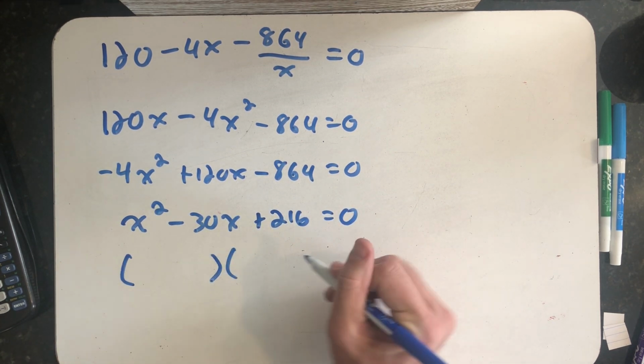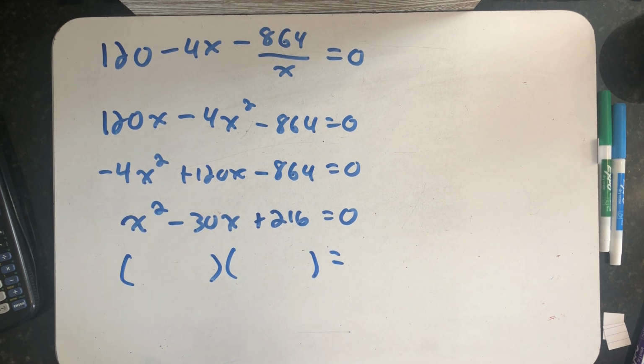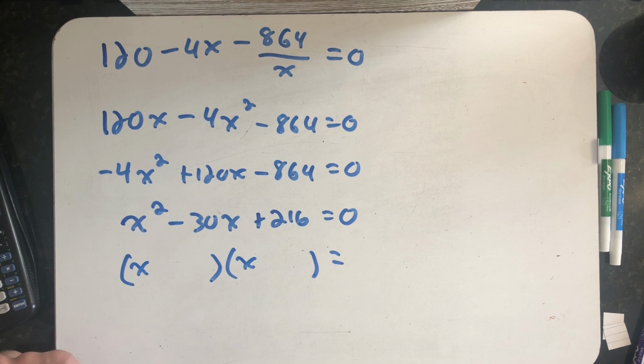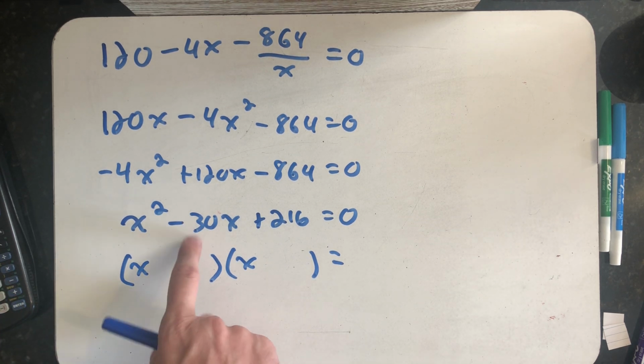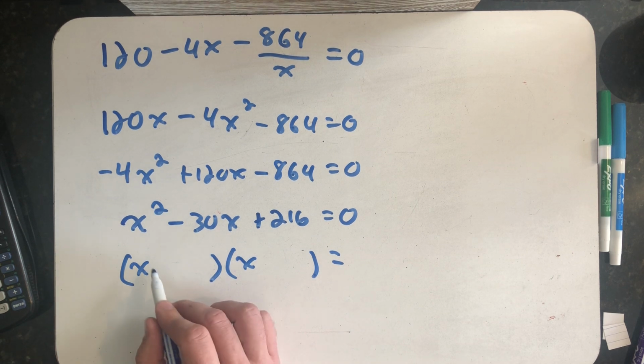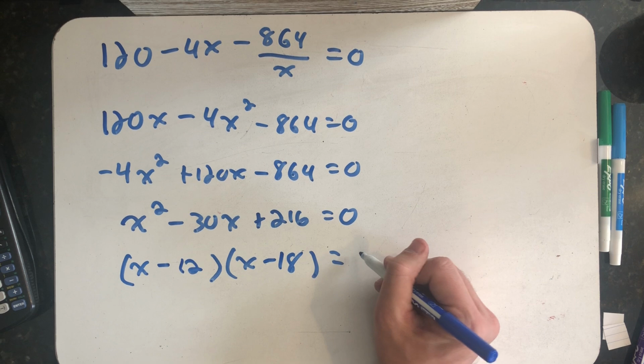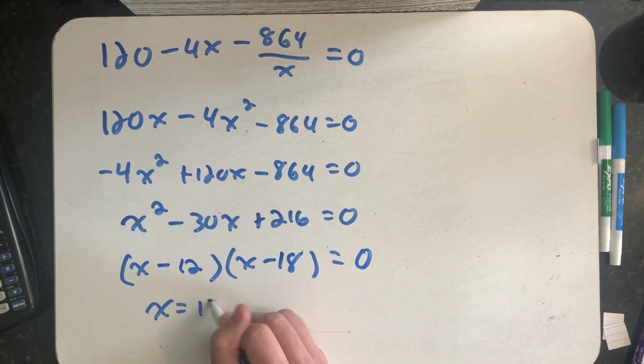I could use the quadratic formula, or I could factor. I'm going to choose to factor it because I happen to know that 216 is 12 times 18. 12 and 18 add together to give me that 30. So I have a minus 12 and a minus 18. Telling me that x could be 12 or x could be 18.